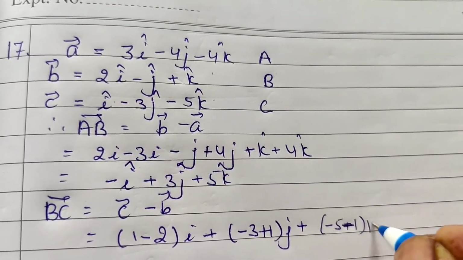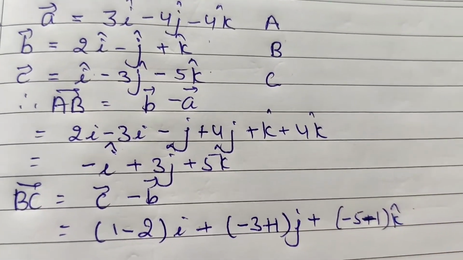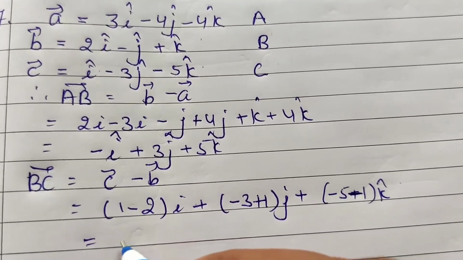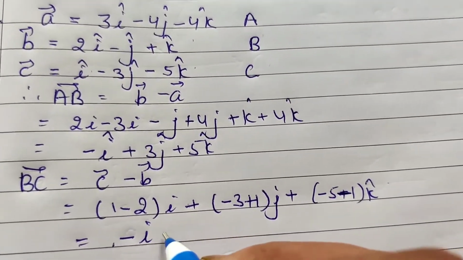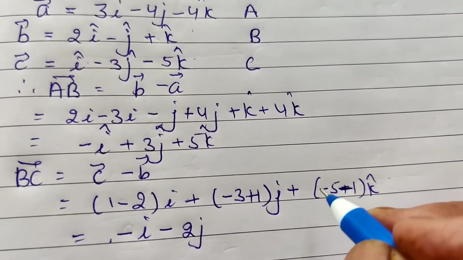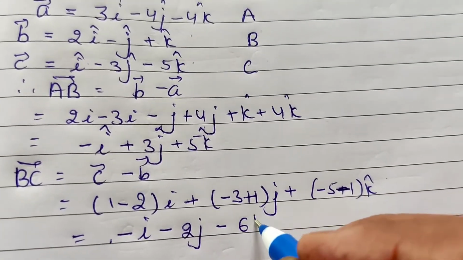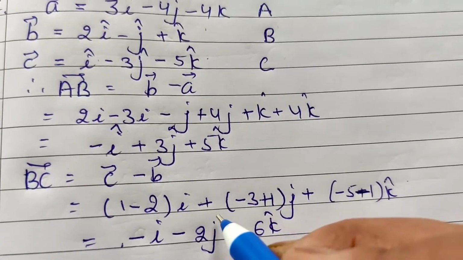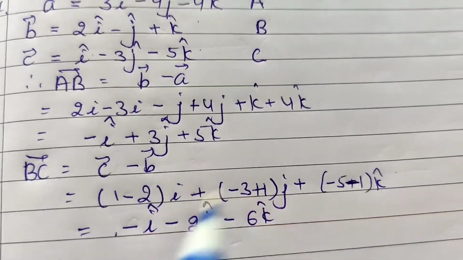Sorry, subtract minus 1. It is equal to minus i minus 2j minus 6k. Now the vector BC is equal to this.